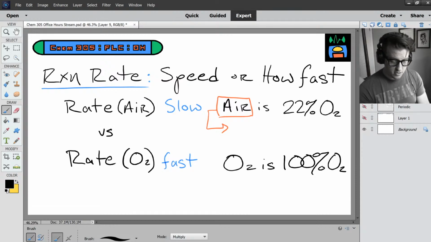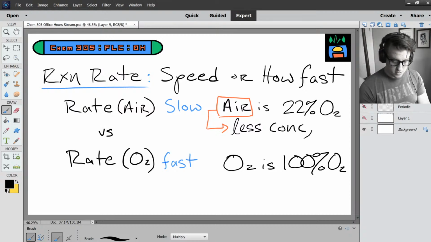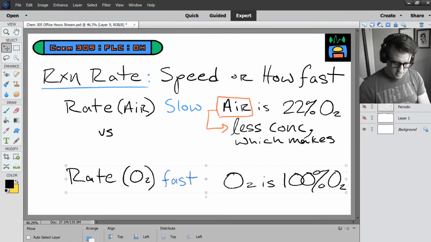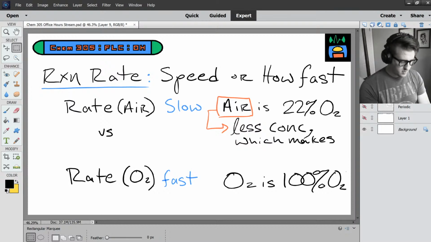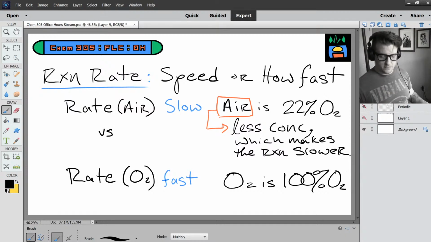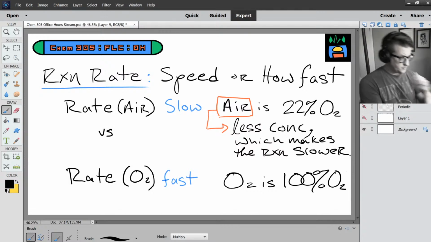A sample of air is less concentrated, which makes the reaction slower. So that is the quantitative difference: 22% oxygen in air versus 100% oxygen in pure oxygen.